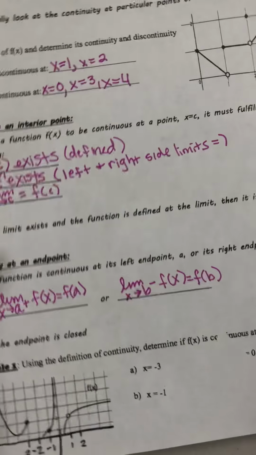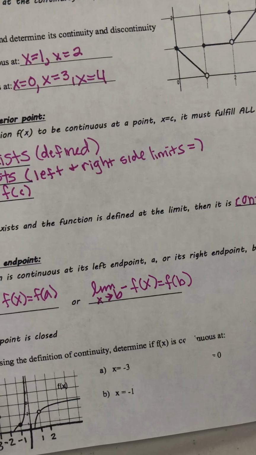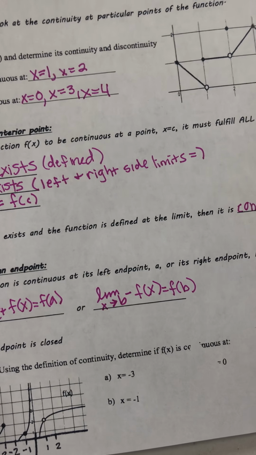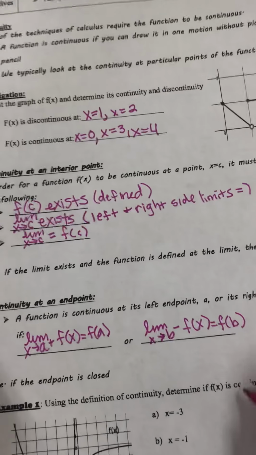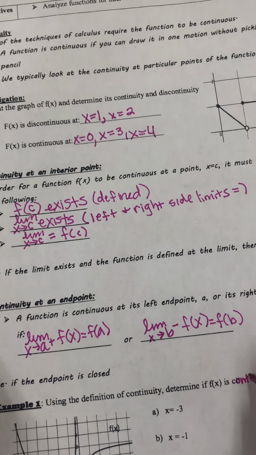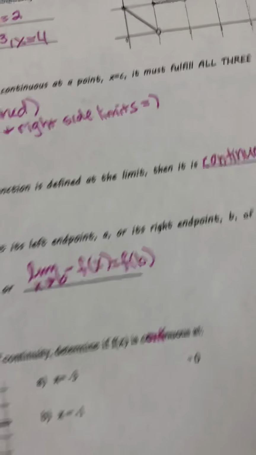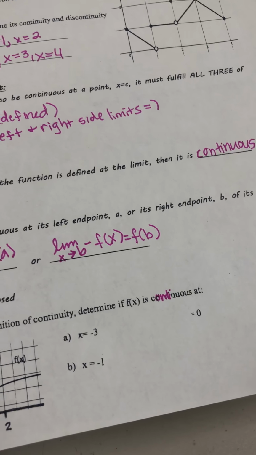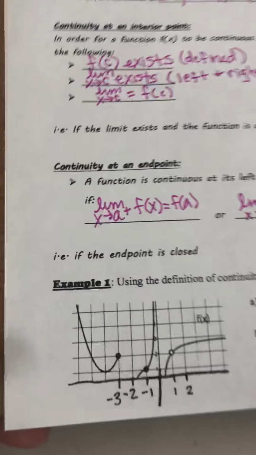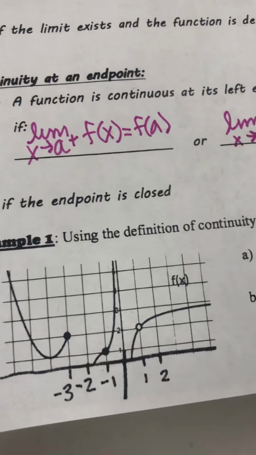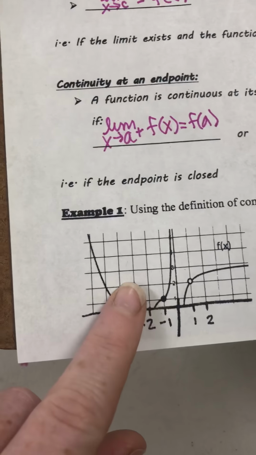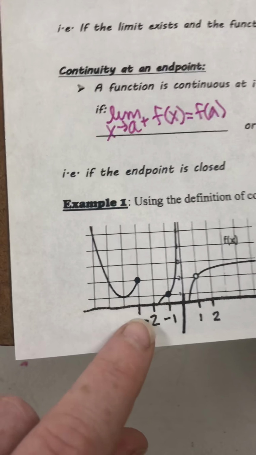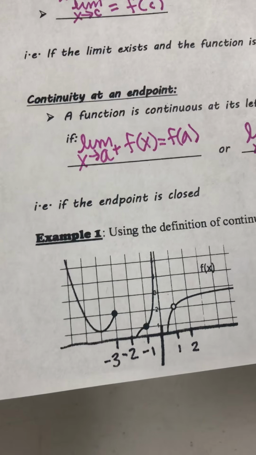Okay, so using the definition of continuity, describe or determine if f of x is continuous at these 3 points. Okay, so, well, basically the limit of f of x at -3 needs to equal f of -3, okay?